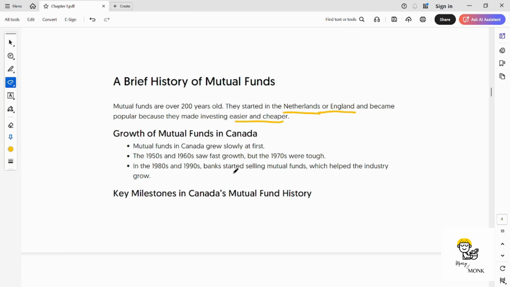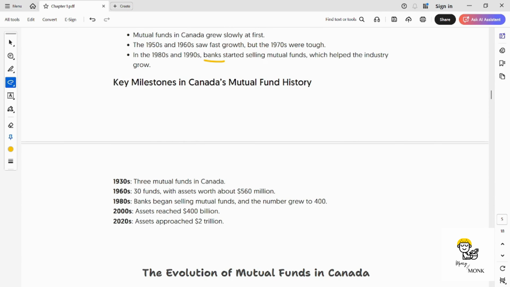In the 1980s and 1990s, banks started selling mutual funds, which helped the industry grow. So, as soon as the banks stepped up in the 1980s and 1990s, they started selling mutual funds. This industry grew. Okay, here's a little table.